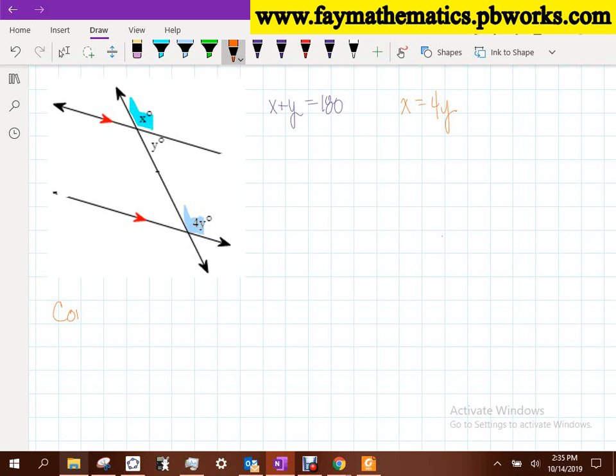Now, here's the thing. With those two equations, this is actually enough to solve this problem. But there's something better yet. What's x? Okay. How'd you do that? I did 4y plus y equals 5y equals 180. Okay, so using these two equations, did you say, okay, if x equals 4y, replace that with 4y?